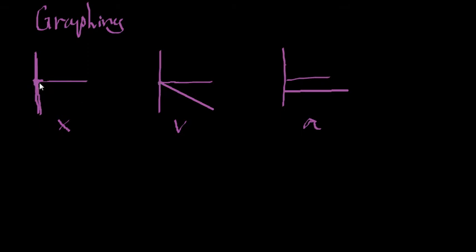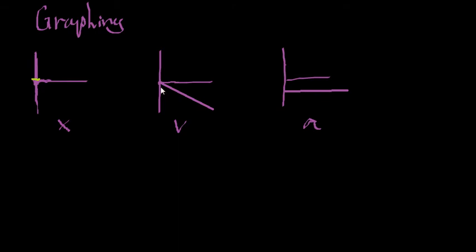Clearly it's not moving, so it's horizontal. Right here, let's change the color to green. It's like this, in this interval, at the original point.